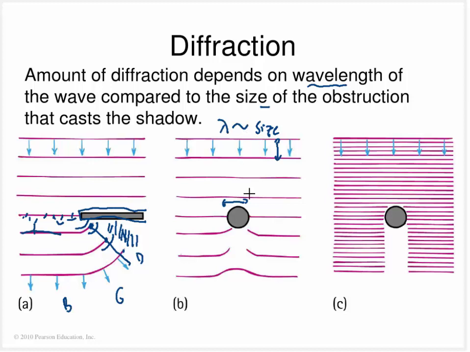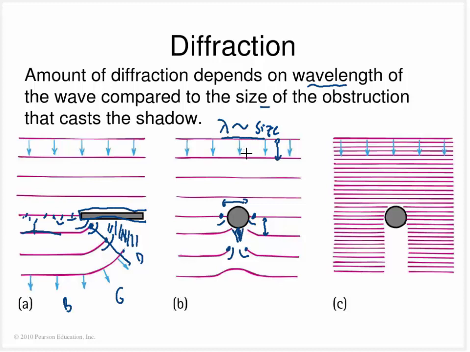This guy's going to act like a point source, this guy's going to act like a point source, and it's going to start to fill in, and then these guys are going to act like point sources, and we can fill in behind this object relatively easily because these guys are relatively far apart, as long as the screen is far enough away, of course. Sure, it's going to be dark in this region right here, but we can fill it in. This is the case where the wavelength is comparable to the size of the object.